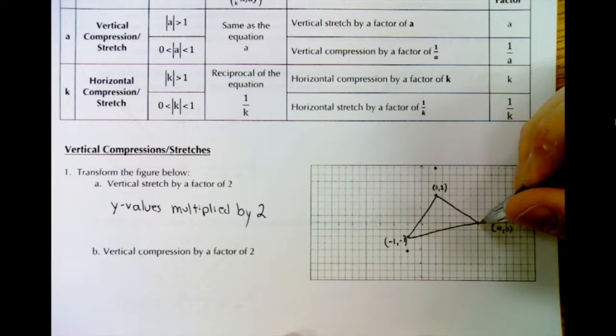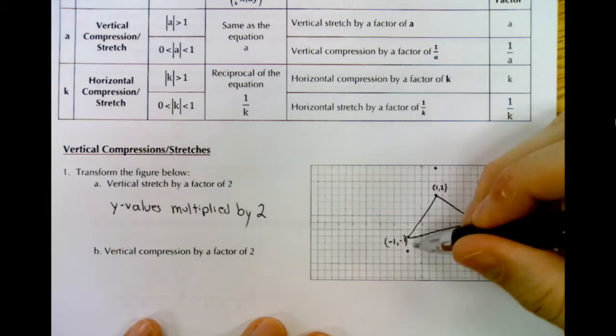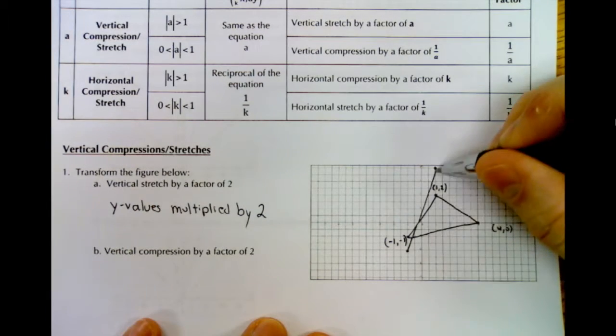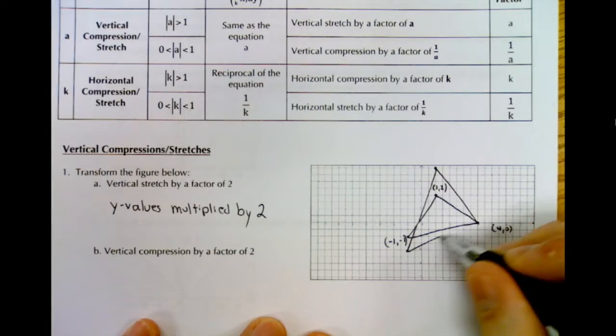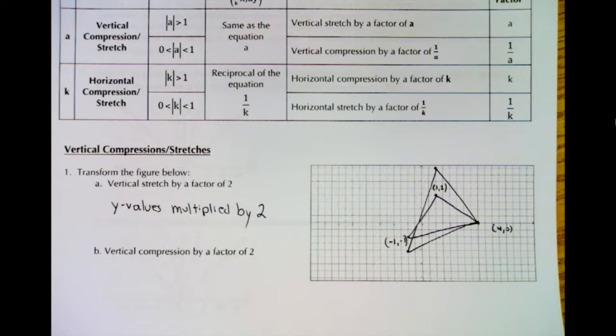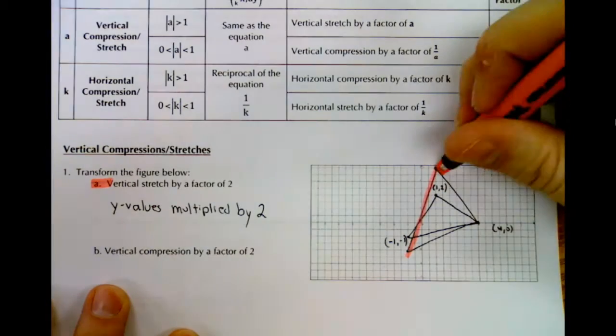We take our 0, 4 point, multiply the 0 by 2, stretching it, and it actually doesn't change. It becomes invariant. So we end up with a triangle that looks like this. This is just a stretched version of the same thing. So here we go. Let's go with pink. And there's our stretch.